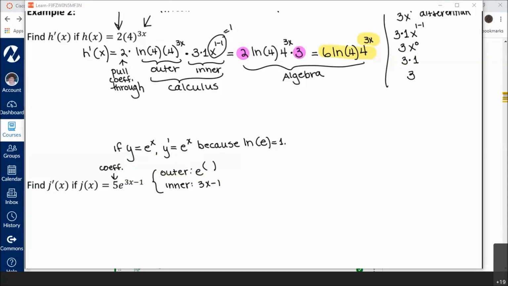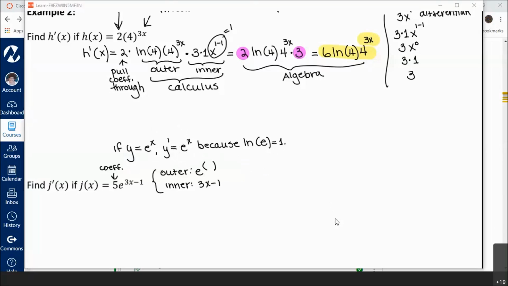Well, yes, but that's because ln of e is 1. You're asking, what do I have to raise e to get e? And that's a 1. So you can use the same pattern for all exponential functions. Just remember ln of e is 1. So these with e's tend to look a lot simpler. You tend to not have the ln floating around in the derivative.